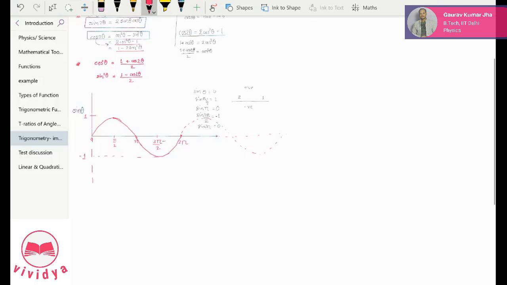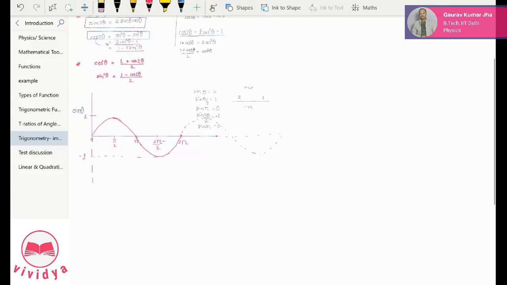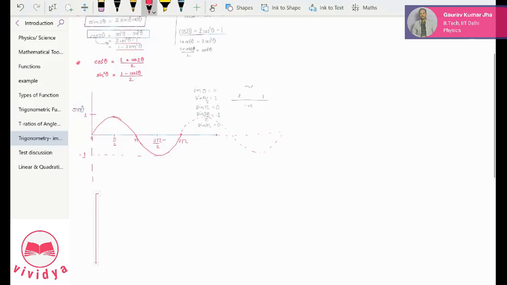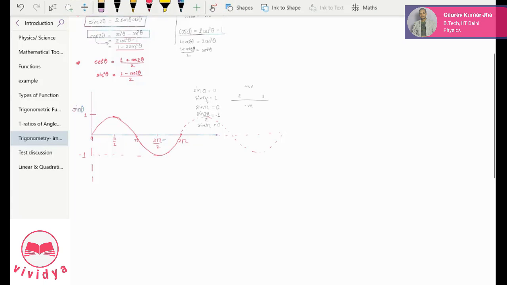Similarly, let's talk about cos theta. So cos theta also is little similar. Okay, but you have to know the difference between the two. Suppose I have to make cos theta.